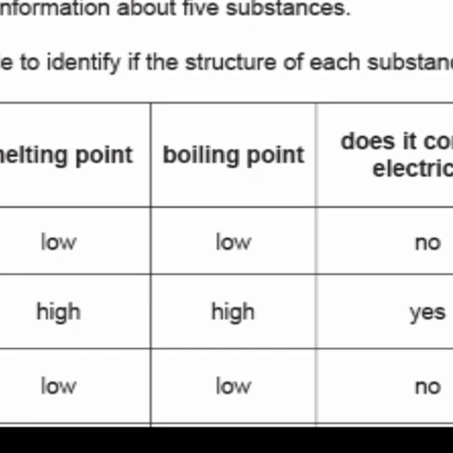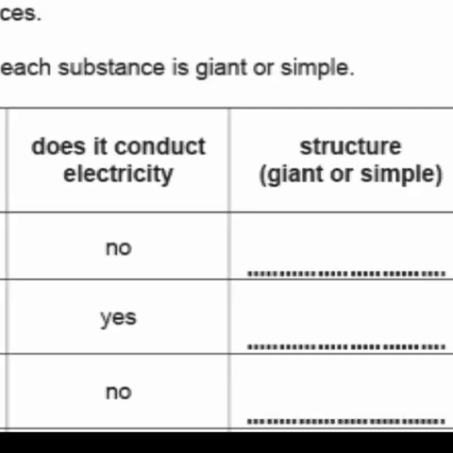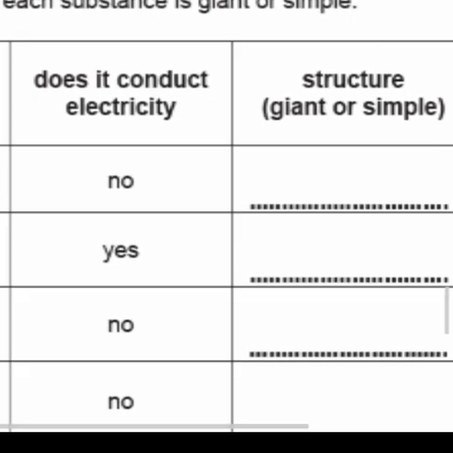For a substance to have a low melting point and a low boiling point, it means that substance has a simple structure, like gases such as hydrogen, chlorine and oxygen. So the structure of the first substance, J, is simple.